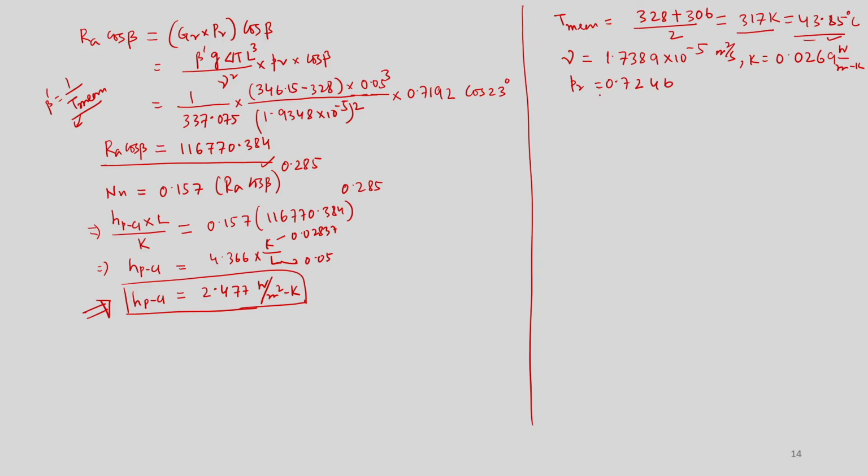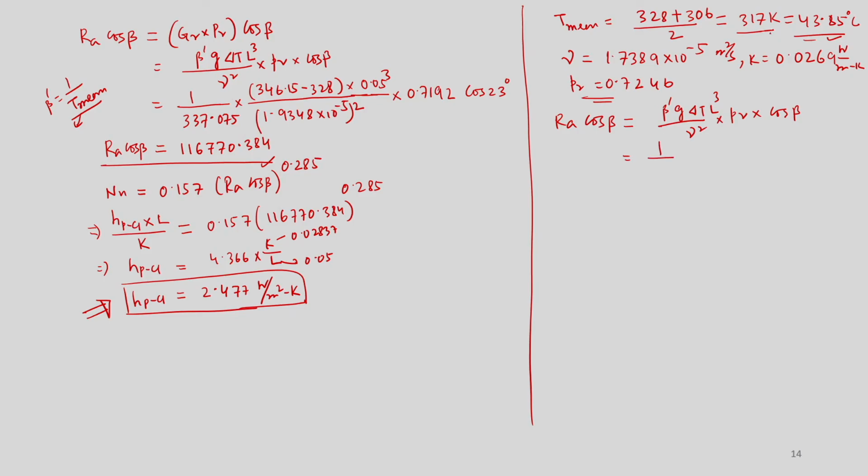So, these values are known to us, then we can calculate what is Ra cos beta. This expression is already known to us. So, beta times g delta T L cube over nu square, then Prandtl number, then we have cos of beta. Here beta is 1 by T min.